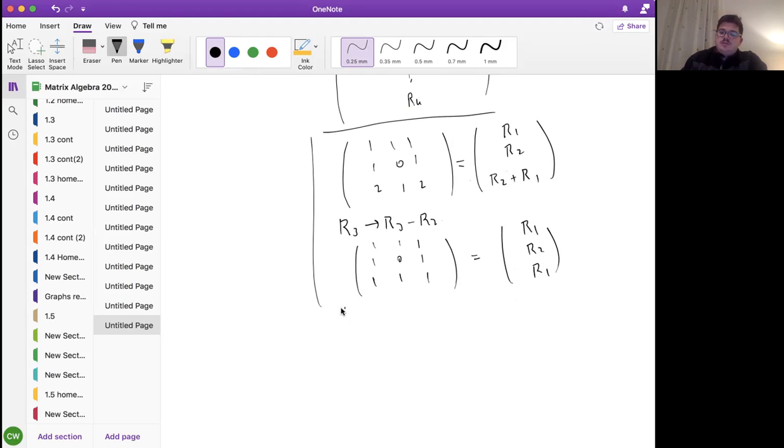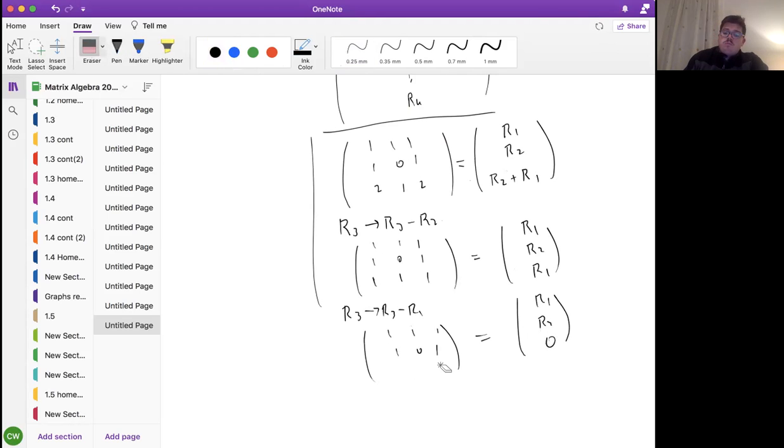And the last thing you would do is row 3 to row 3 minus row 1. And then we get a 0 row. So do you see how row 3 is a linear combination of rows 1 and 2?